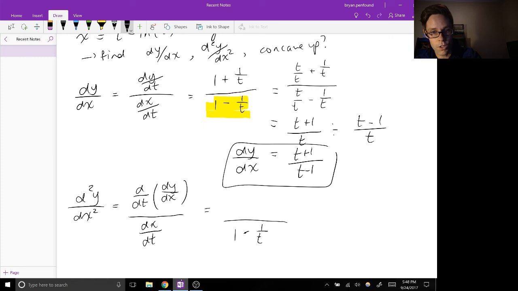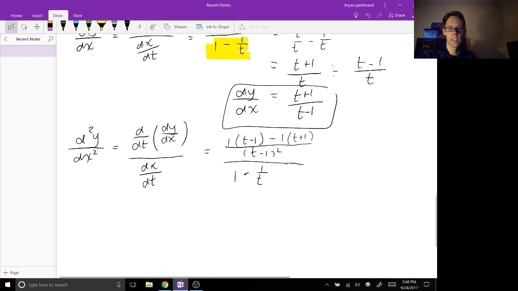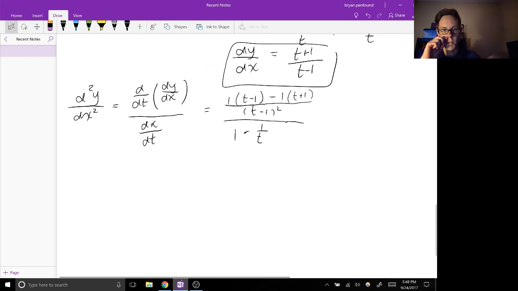So I need to use the quotient rule here: derivative of the top times the bottom minus the derivative of the bottom times the top, all over the bottom squared. So we're going to get this beautiful fraction, and hopefully this is going to simplify to something nice.